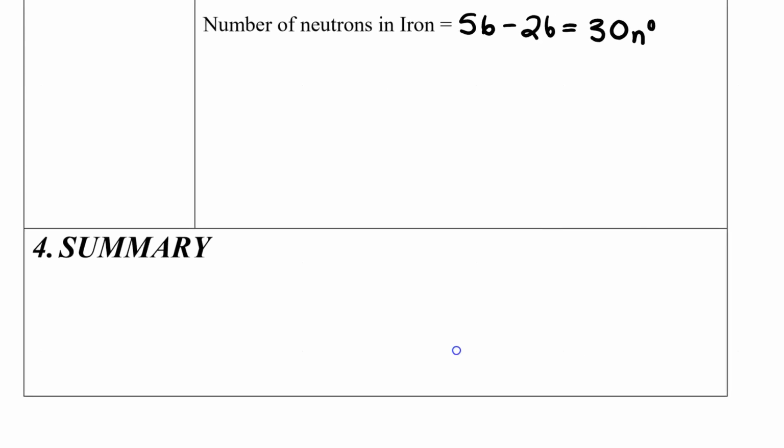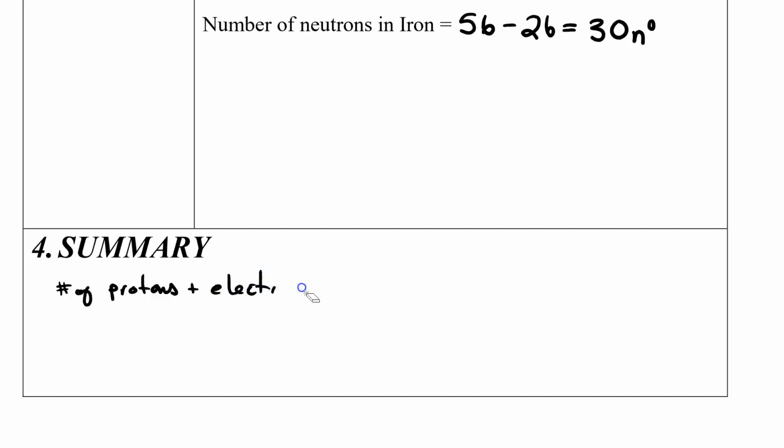So let's just quickly summarize here. The number of protons and electrons, not plus, the number of protons and the number of electrons will always equal the atomic number.